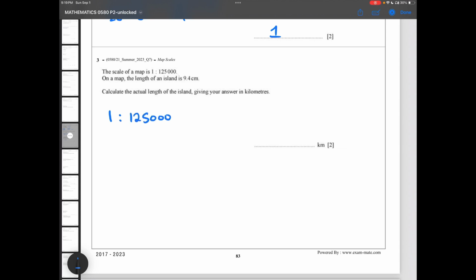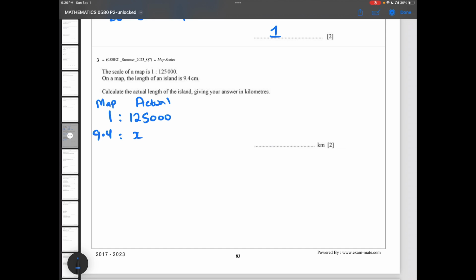It means that if the actual length is 125,000, then on the map it will be 1 only. So this is the actual length and this is the length on the map. And we are supposed to find the length of an island. On the map it's 9.4 centimeters.